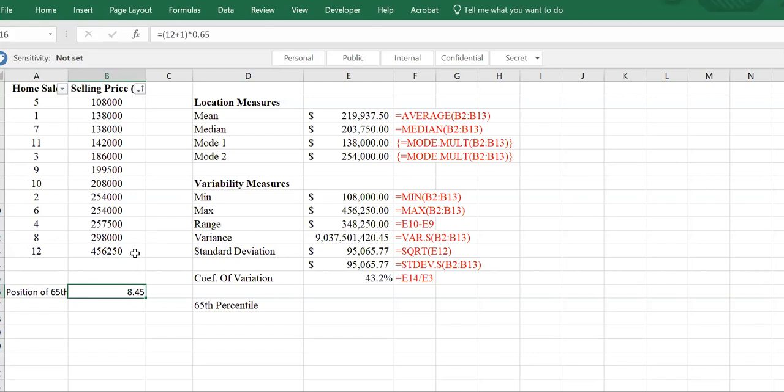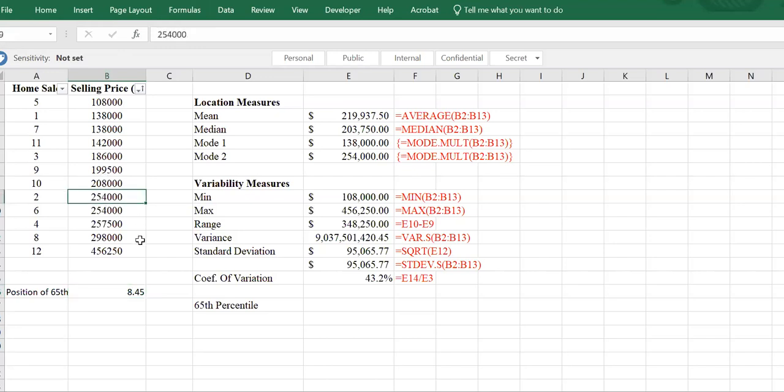That's 8.45, the 8.45th observation. Starting from the top, that would be 1, 2, 3, 4, 5, 6, 7, and 8.